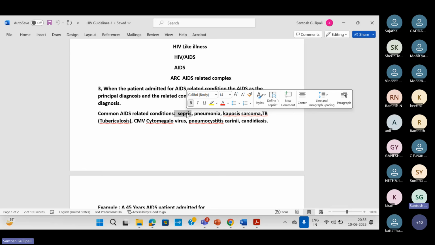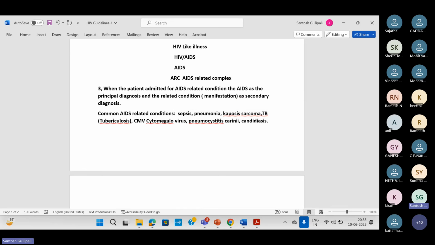For example, a 25 years AIDS patient admitted for fever, headache, vomiting, or headache, syncope.